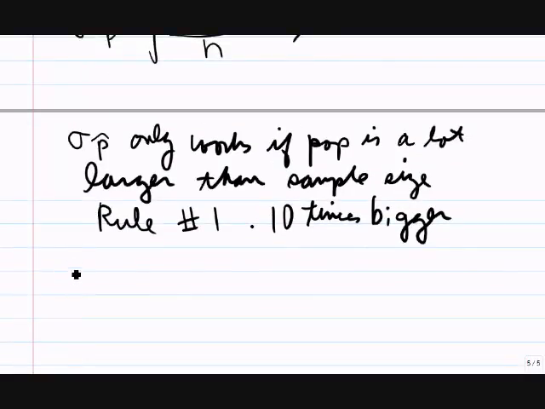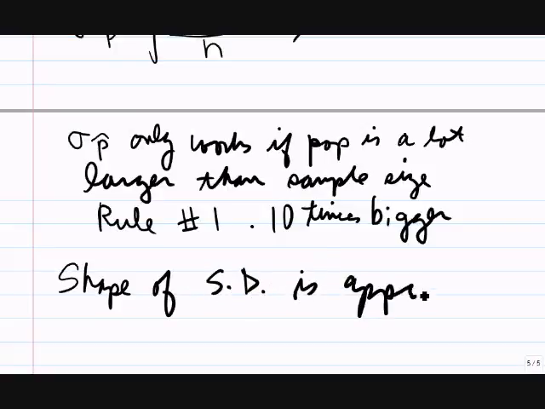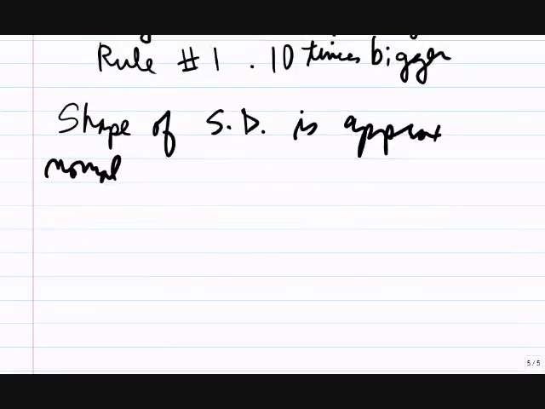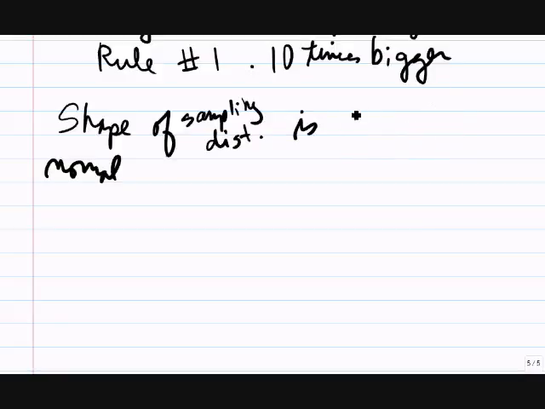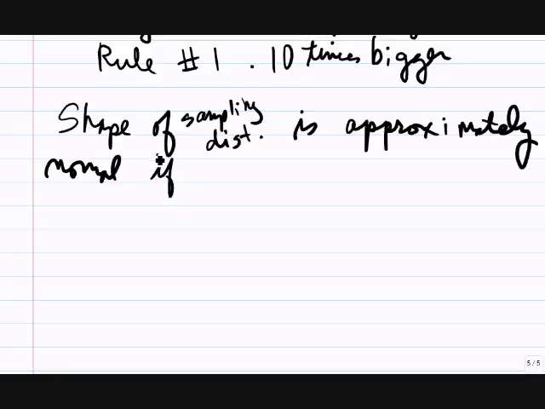All right. The shape of our sampling distribution, which we decided was probably approximately normal, is approximately normal, and this is going to be rule number 2, and you'll love rule number 2 because we'll use it many times.